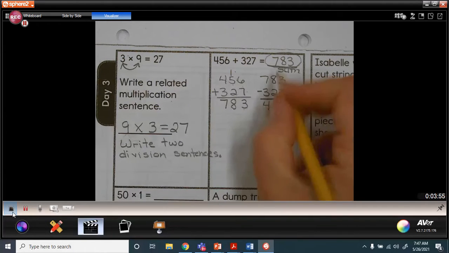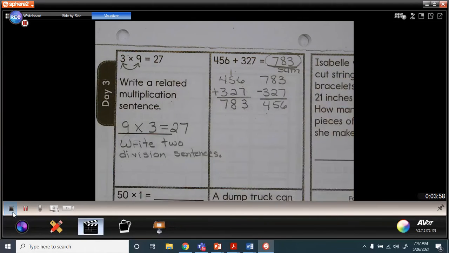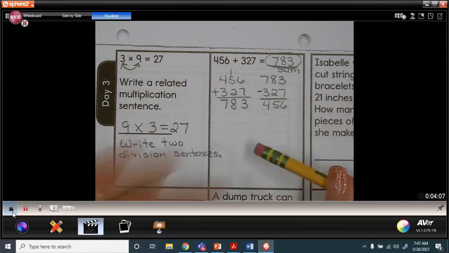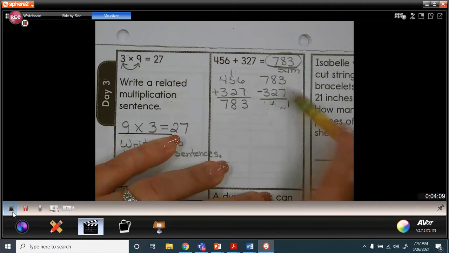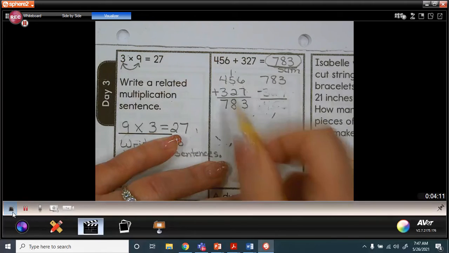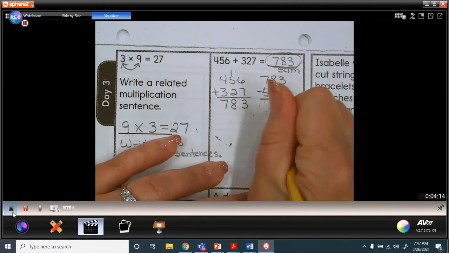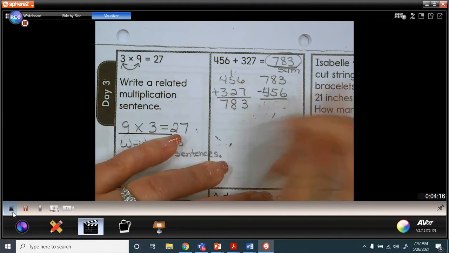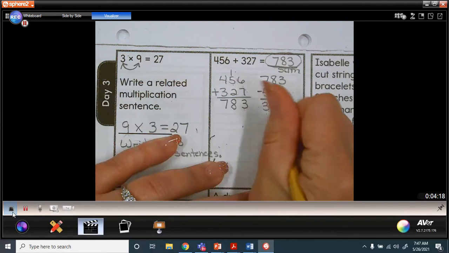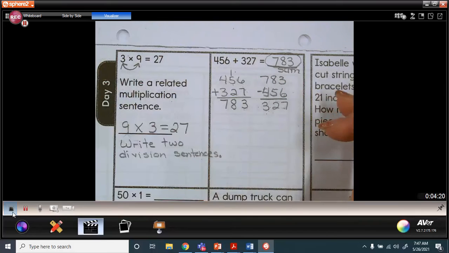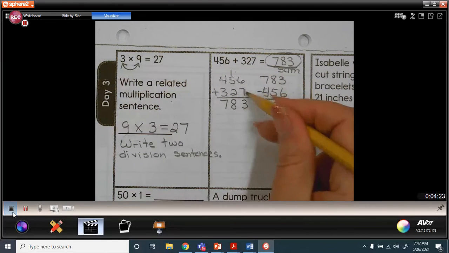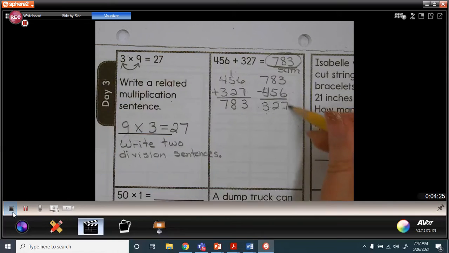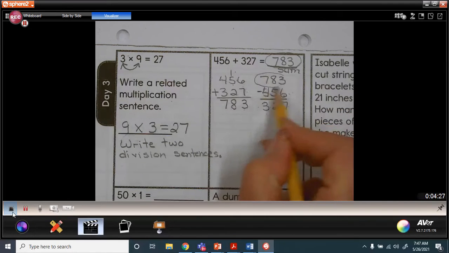Now, I should probably really work this out, but for time, I'm just reminding you that addition is related to subtraction. I also could subtract the other part, which is 456, and I should get 327 as the other part if I decided to switch these around. But remember, you always start with your total.